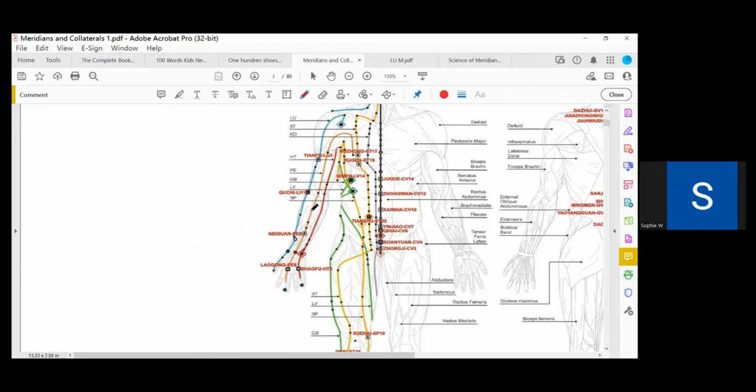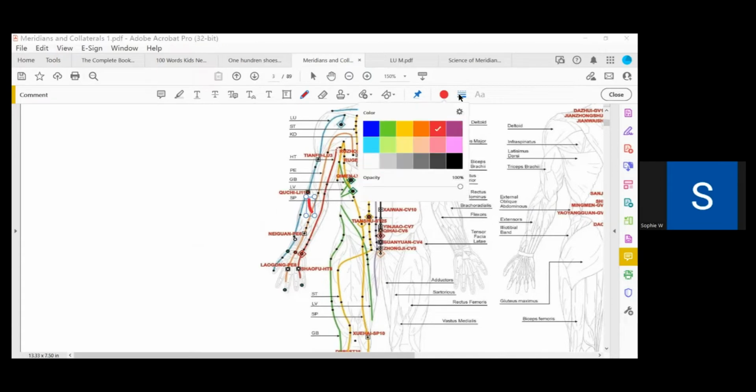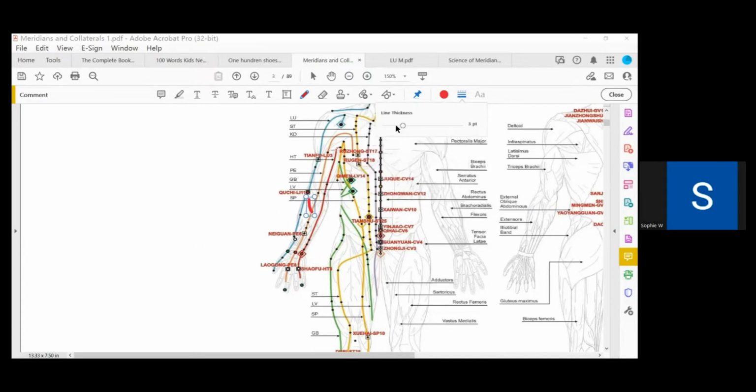Collaterals are separated from the meridians, so there are many lines from each meridian.